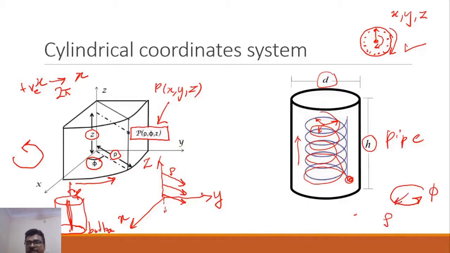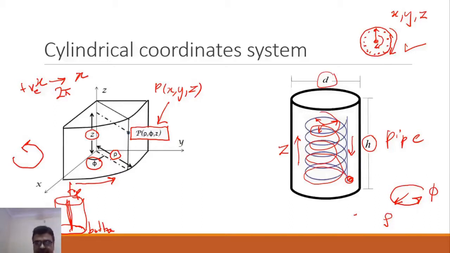And for making a helix, we also need upward or downward motion, so we need z as well. So when we are locating a particle moving from one point to another in helical motion, we use the cylindrical coordinate system, and all the dimensions rho, phi and z will be used.